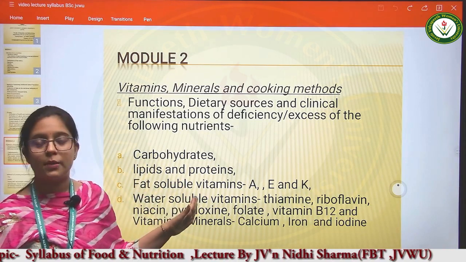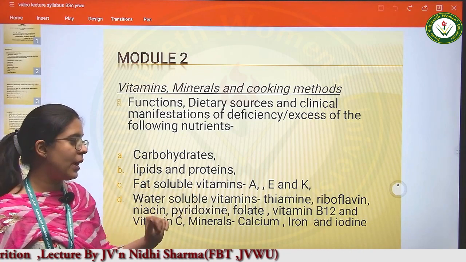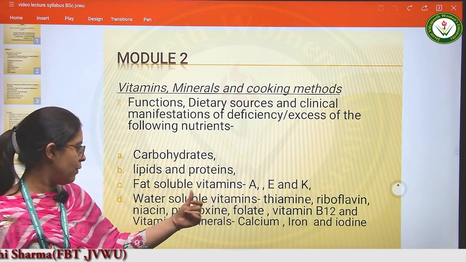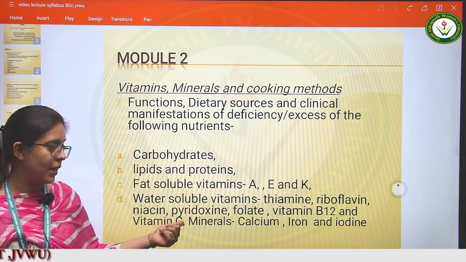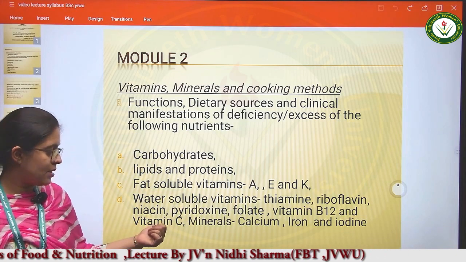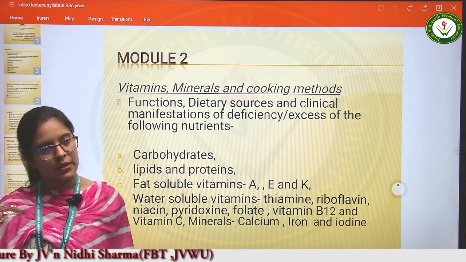Fat soluble vitamins that are A, D, E and K. Water soluble vitamins like vitamin B1, B2, thiamine, riboflavin, niacin, pyridoxine, folate, vitamin B12 that is cyanocobalamin, and vitamin C, and various minerals like calcium, iron and iodine.